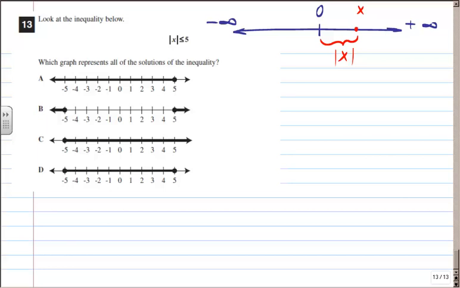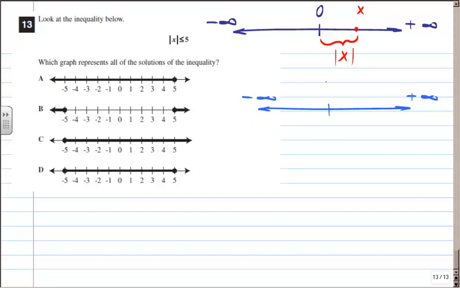So what is this problem here saying? I'm looking for a number x, or all the numbers x, that have this property, that their absolute value is less than or equal to 5. What is the absolute value? Distance to 0.